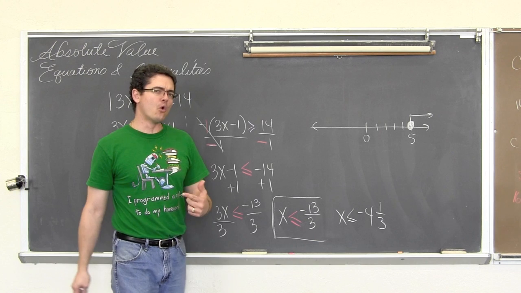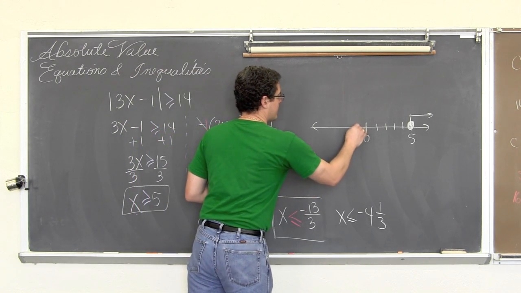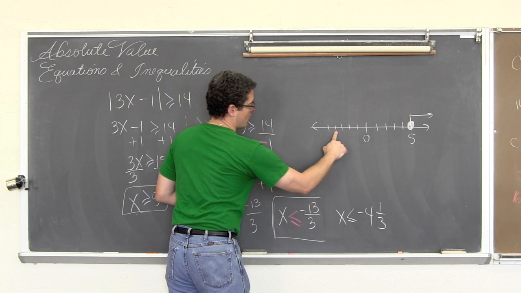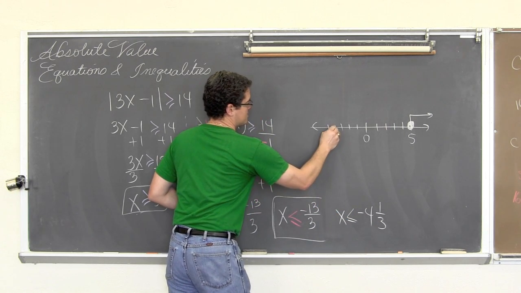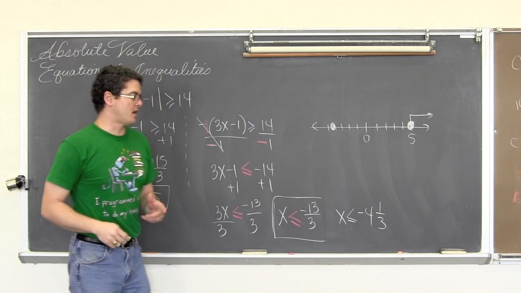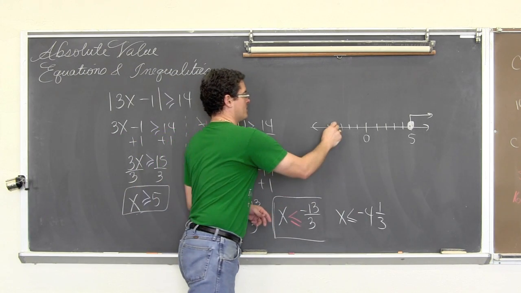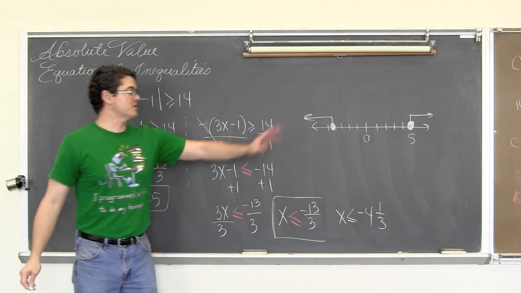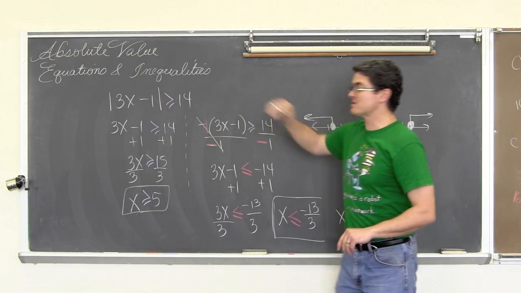So that's negative 4 and 1/3. So negative 1, negative 2, negative 3, negative 4, negative 5. Negative 4 and a third takes you just a little bit beyond the negative 4 on the number line. It's x is less than or equal to, and x's get smaller as you move to the left. So there's the shading of this solution.